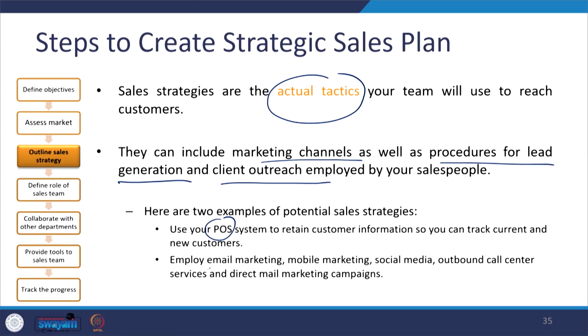Another example is email marketing, mobile or social media marketing activities, where an outbound call center can be employed to collect this kind of information. So this information will actually feed into your strategic sales plan to give an insight into what actual tactics can be used by the sales team to approach the customers they are interacting with.